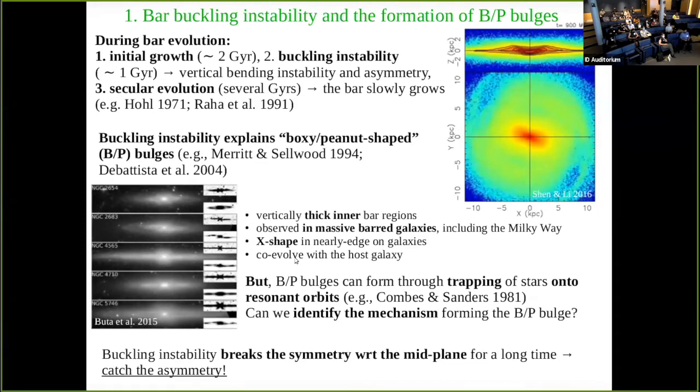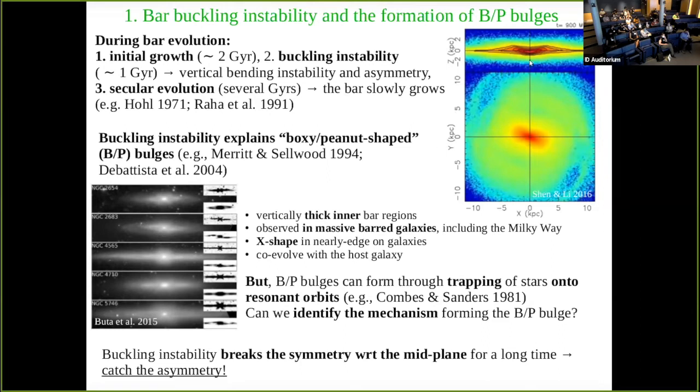Besides the bar buckling, BP bulges are expected to form as well through trapping of stars onto resonant orbits. So the question arises whether it is possible to distinguish between the two proposed formation scenarios for BP bulges. Since the buckling instability is short-lived, it is very difficult to catch it in the act.